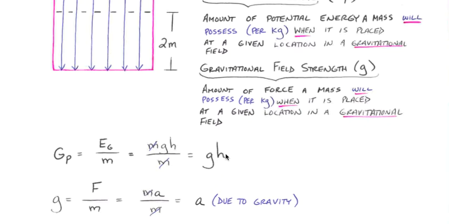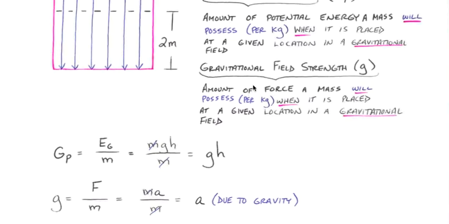Again, this is an equation we've rarely used, but the important thing to realize is that the gravitational potential is just the gravitational field strength times how high above some reference point you are, usually the ground. And for gravitational field strength, it's the amount of force per mass, and we know that force equals mass times acceleration. The masses will cancel, and that's why we've generally called little g the acceleration due to gravity. So the acceleration due to gravity and the field strength are all the same.